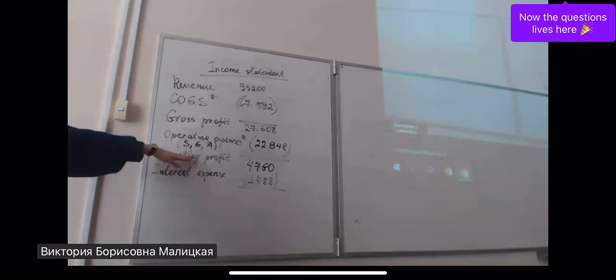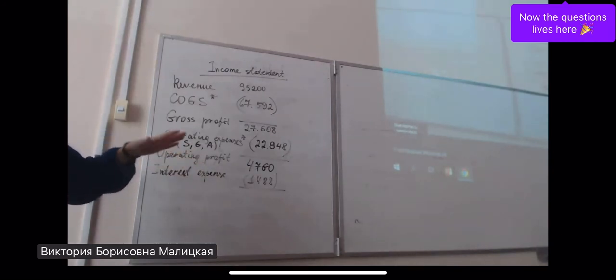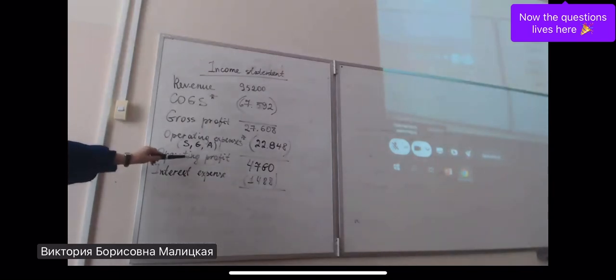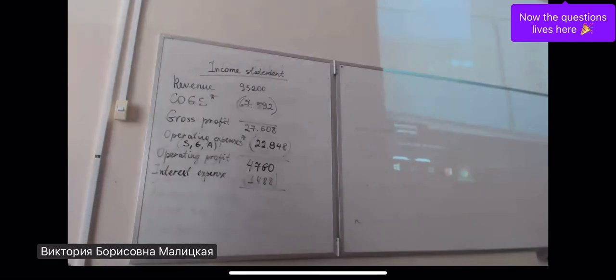What is the difference between operating profit and other income and other expenses? Plus other income minus other expenses. What is it called? So we take operating profit plus other income minus other expenses.